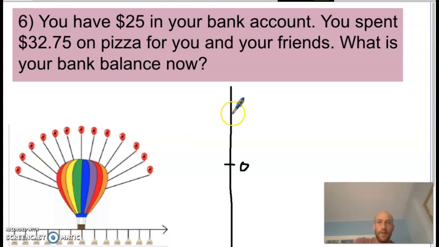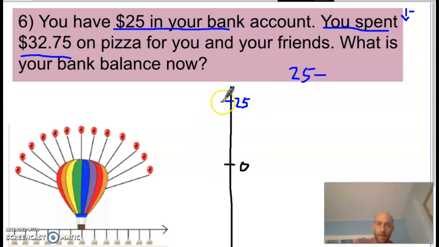Okay, you have $25 in your bank account. And you spend, that's going to be your bank account going down, or you are subtracting $32.75. All right, what is your balance after? So we're going to use our expression and our number line to do this one. I know we are subtracting because we spent, so I'm going to use distance from 0 on the number line.